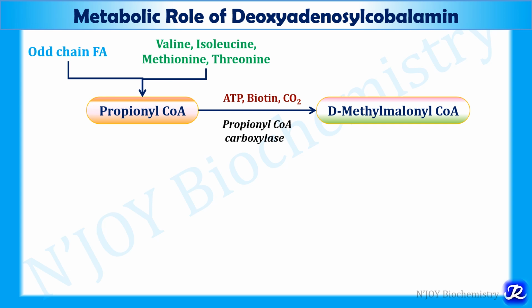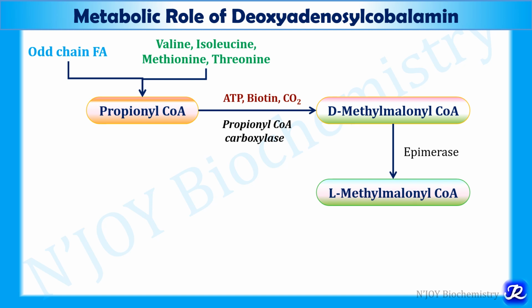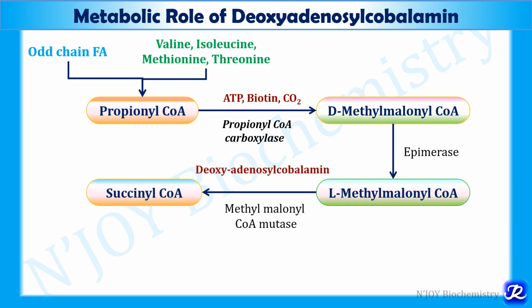This reaction is catalyzed by propionyl CoA carboxylase and it requires ABC, that is ATP, biotin and carbon dioxide. Then this D-methylmalonyl CoA is converted to L-methylmalonyl CoA, which is further converted to succinyl CoA, and this is a very important reaction where deoxyadenosine cobalamin is utilized, and this reaction is catalyzed by methylmalonyl CoA mutase.